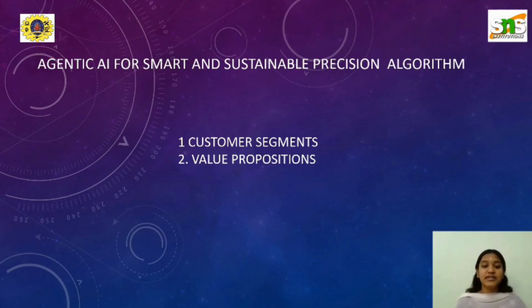Smart crop monitoring means AI continuously monitors the crop using sensors and cameras, so that if any plant gets a leaf disease, the sensor will detect it and send an early alert to the farmers, so he can prevent most of the damage. So there will be only little damage, and it will be more affordable for him. And then water resource optimization, early pest and disease detection, and cost reduction.